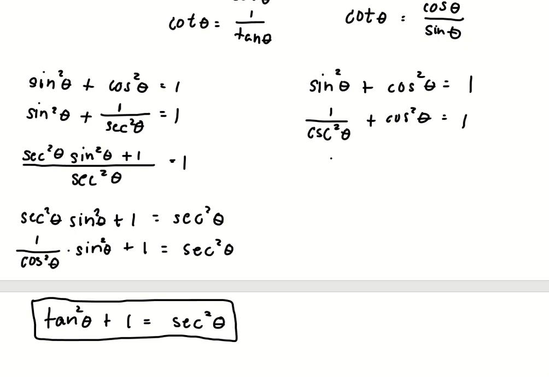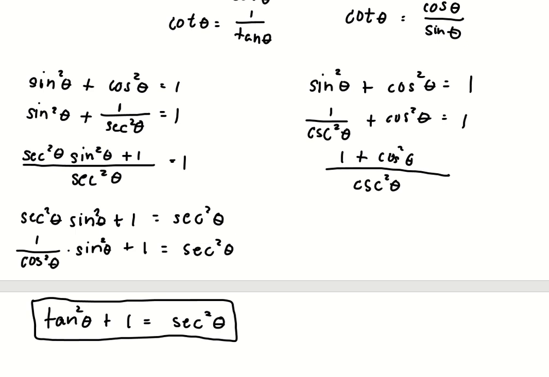Again, the least common denominator is cosecant theta squared.